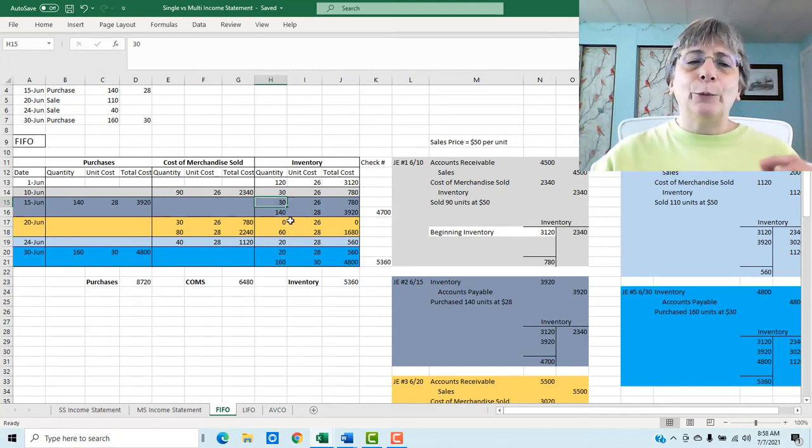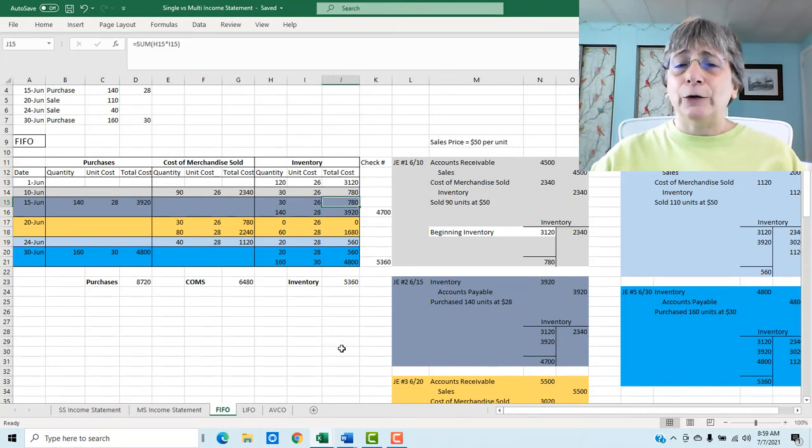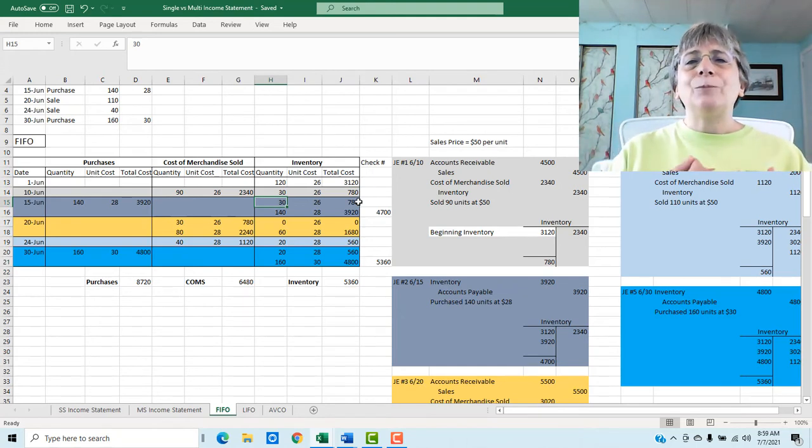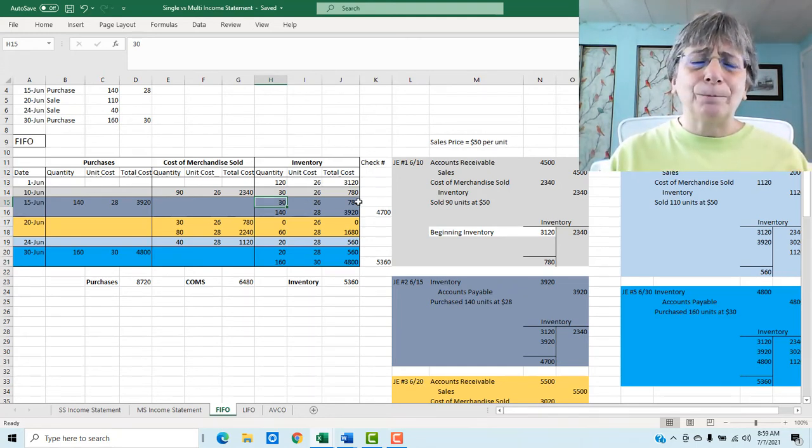So let's look at what we've got here. Before we purchased this, we had 30 units at $26 for $780 in our inventory, and that ties out to this right here. Think of that as your beginning inventory before this new transaction.